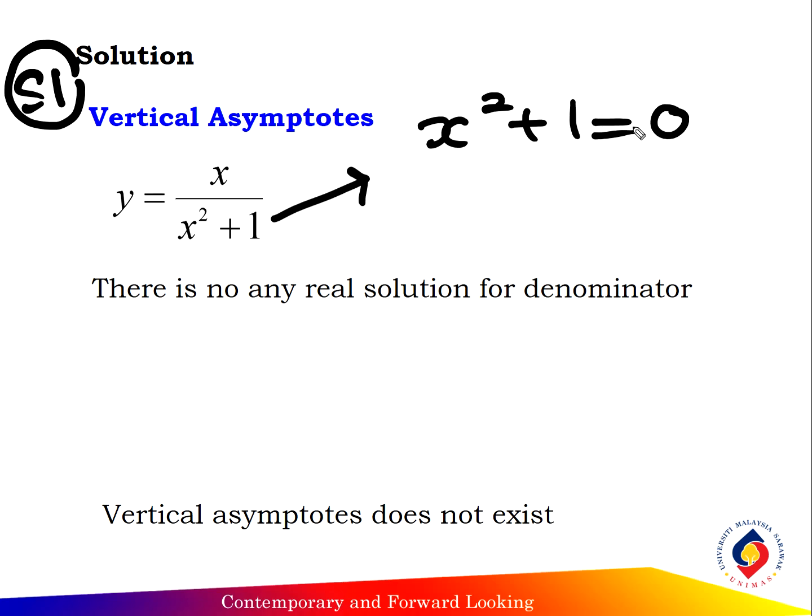The value of x squared equals negative 1, so there is no real solution for the denominator. The conclusion is that the vertical asymptote of the rational function does not exist.